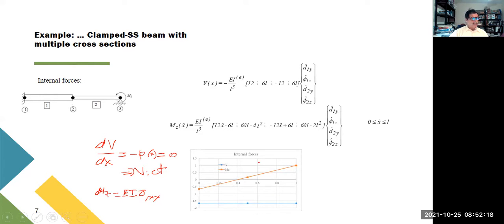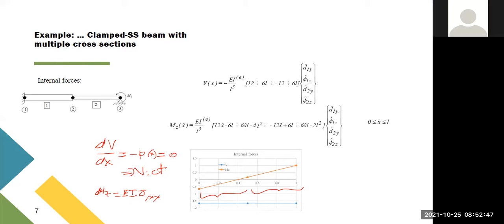But this is obtained using, for the first element and for the second element. Exact because remember that we are approximating, but we are taking the same type of polynomial, cubic, to approximate, and that corresponds to the exact solution.